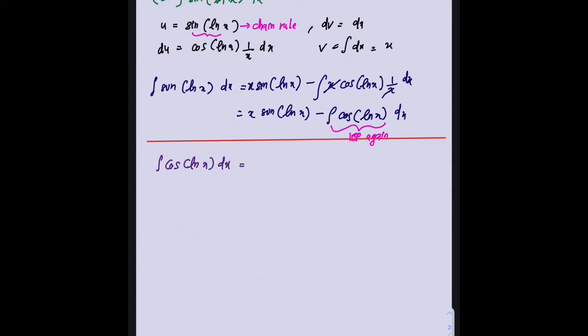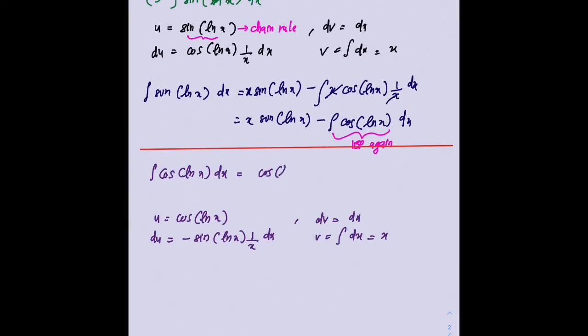So when you apply IBP, what will be your u? u is equivalent to cos ln x, differentiate u, so you will get negative sin ln x times 1 over x dx. dv is equivalent to dx. How to get v? Integrate dx, so you will get x cos ln x.